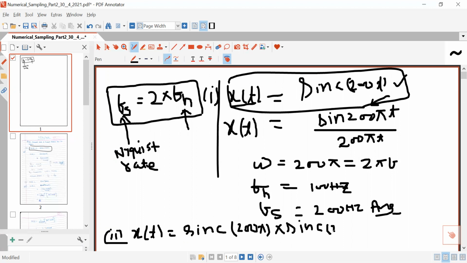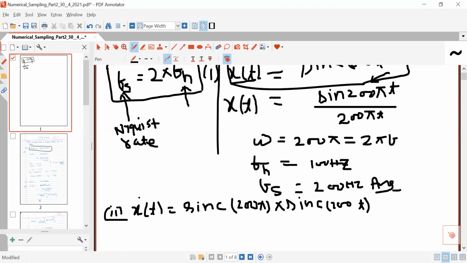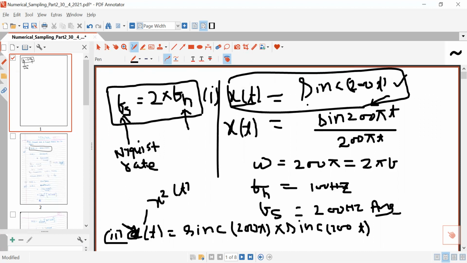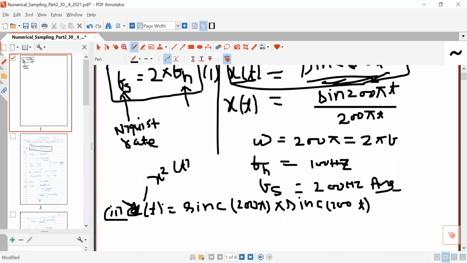Or you can say I am going to derive the Nyquist rate for x square t. So what will be the Nyquist rate for this signal yt? Let us consider this signal yt, which is x square t, the product of two similar Sinc functions.